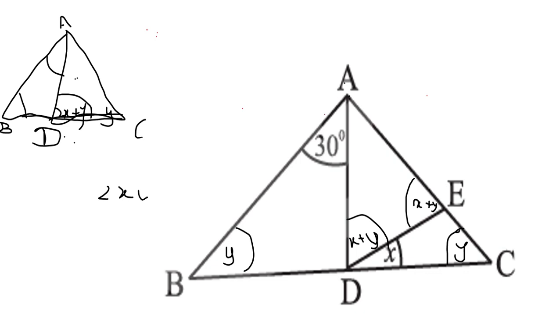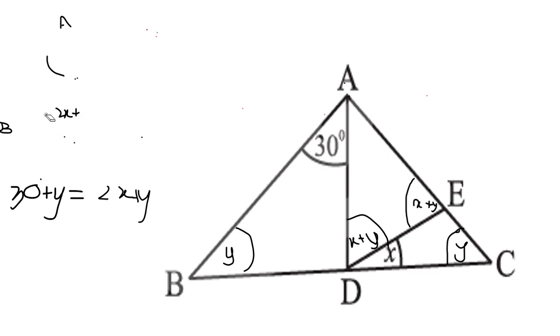So if we take 2x plus y right here, this is equal to 30 plus y. So let's put this equation a little bit more clearly, so then we can solve this equation and we might be able to find what is x?